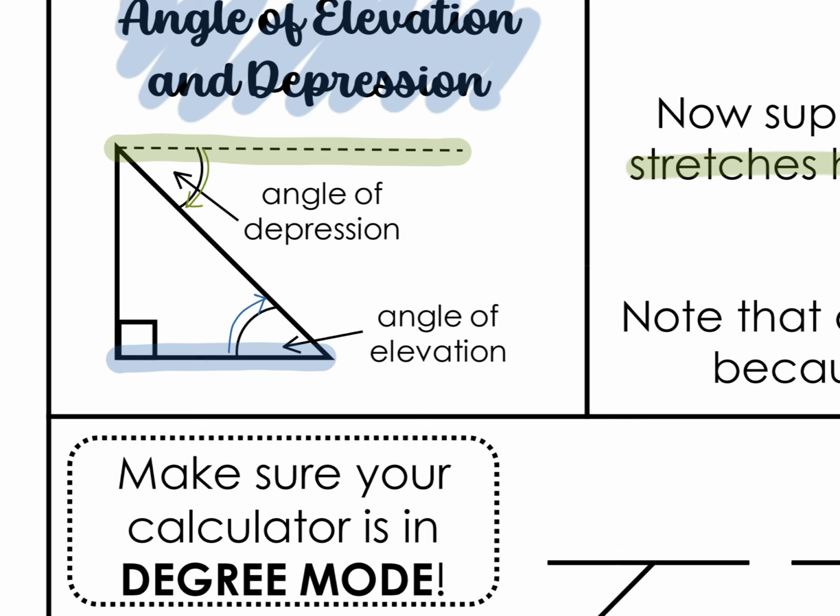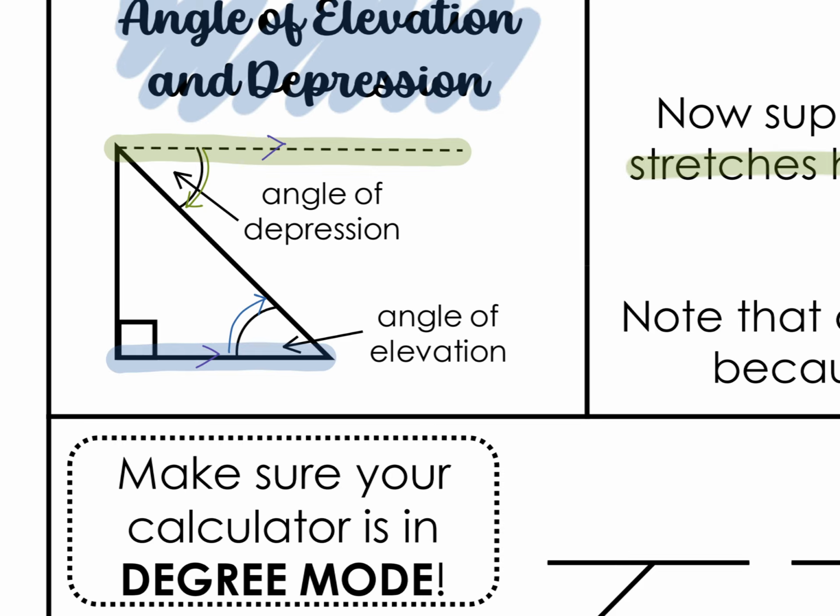Some key things to note is that your angle of depression is not going to be located inside of the triangle. But something to mention that's over here in this third paragraph, because we do have these horizontal lines, we've got two of them, they are parallel to each other. So that's why I drew those arrows there.